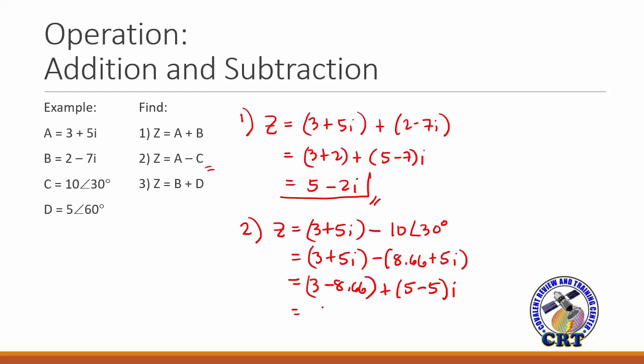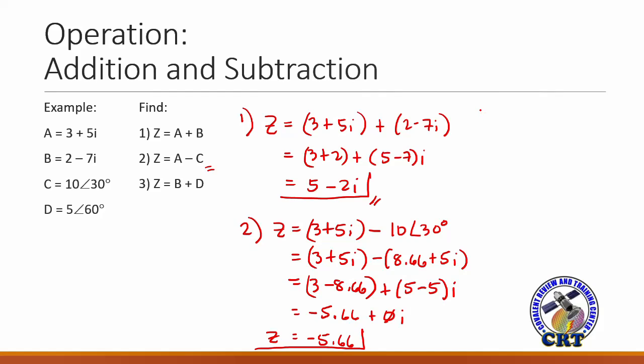Therefore, this is 3 minus 8.66, negative 5.66 plus 0i, or simply negative 5.66. So this is the answer for number 2. Okay?